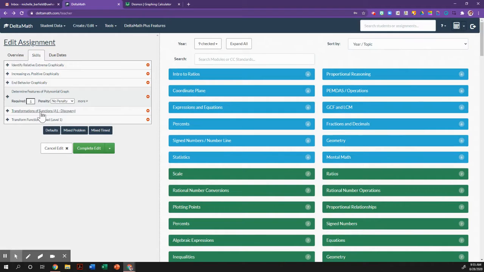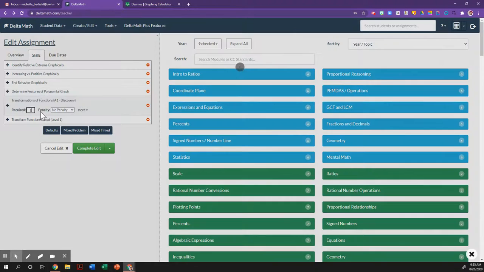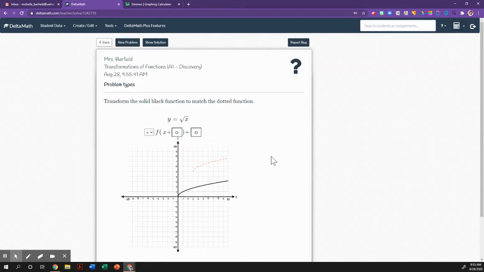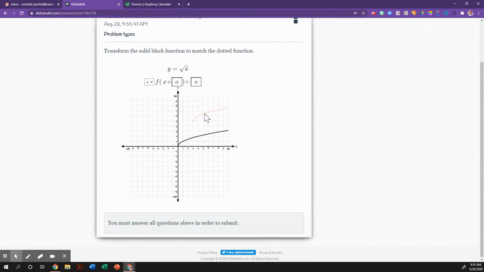All right, let's go back. Transformation functions. Now this is a discovery, which means you don't get anything wrong. You just keep typing it in until you get your dotted and this solid to match. It says transform the solid black function to match the dotted function, and you've got some stuff here to fill in.